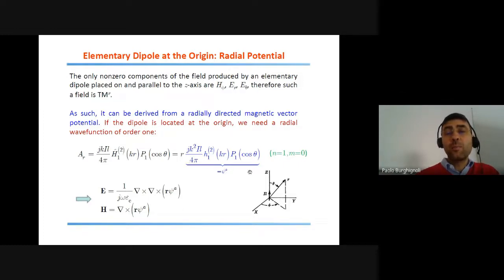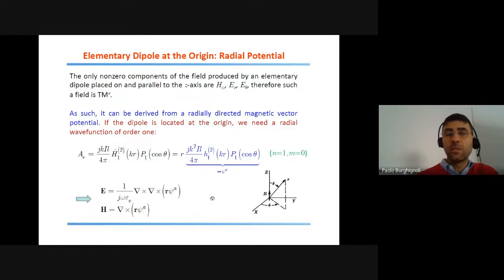So this is a Debye potential, a scalar Debye potential, expressed in terms of wave functions of order 1. Once you have this Debye potential, you would find the electromagnetic field through the relations reported below. So in this case, again, n is equal to 1 and m is equal to 0 by rotational symmetry around the z-axis.